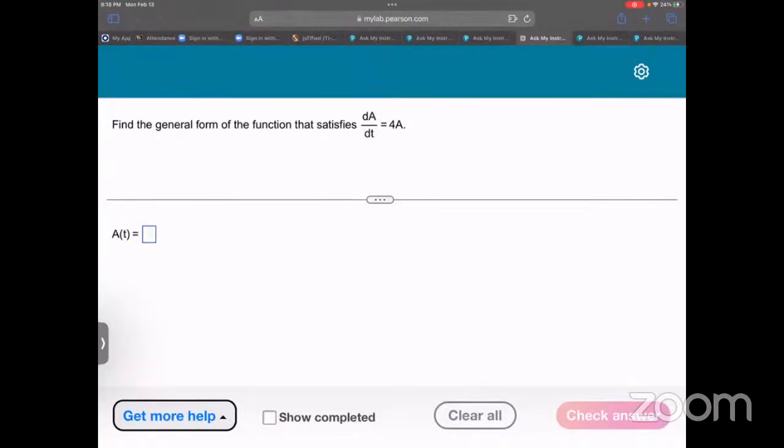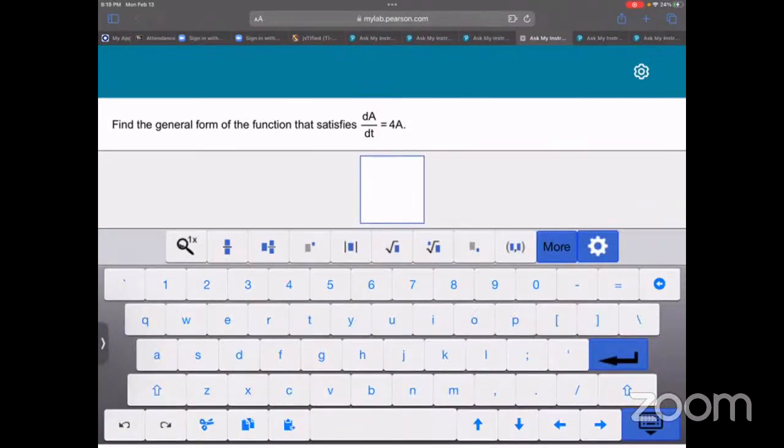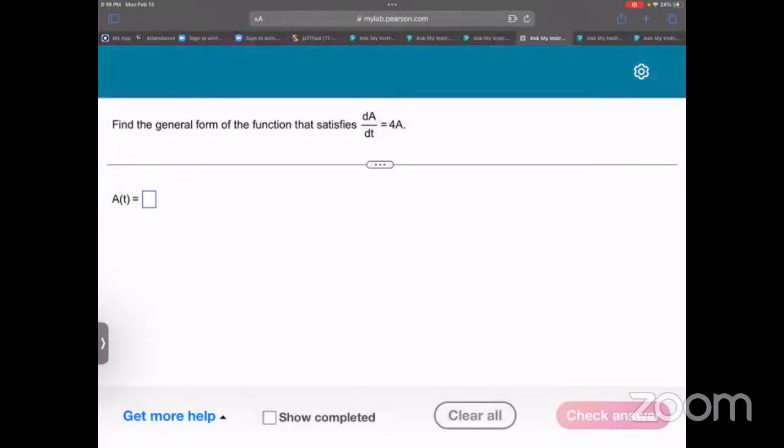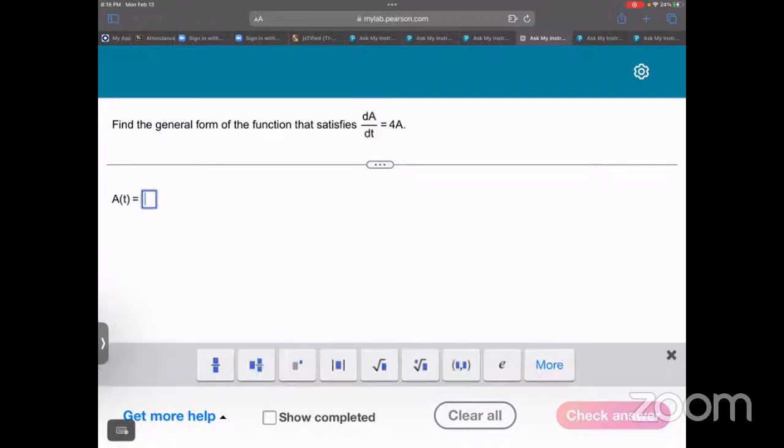So for this one, settings. This should be off. We're gonna say C. We're gonna say C e to the power of 4t. All right, that's from the exponential growth model.